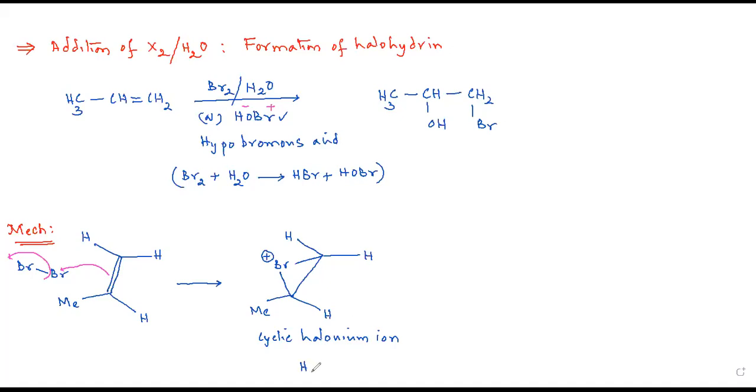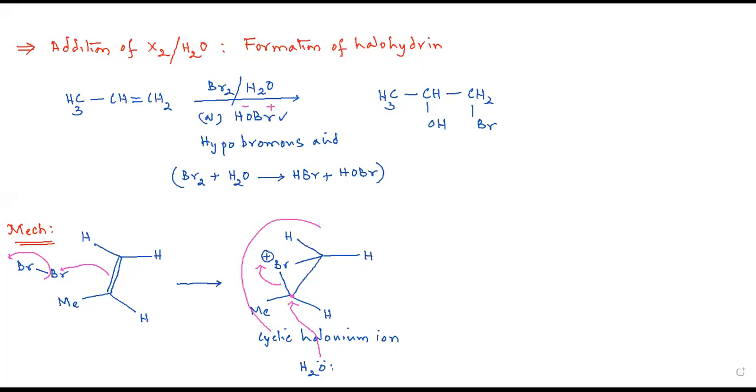Now this gets attacked by water. Now attack it here. As and when it attacks this carbon, from the side opposite to that of this cyclic halonium ion group, I mean from the opposite side of this area, because this is already closed.